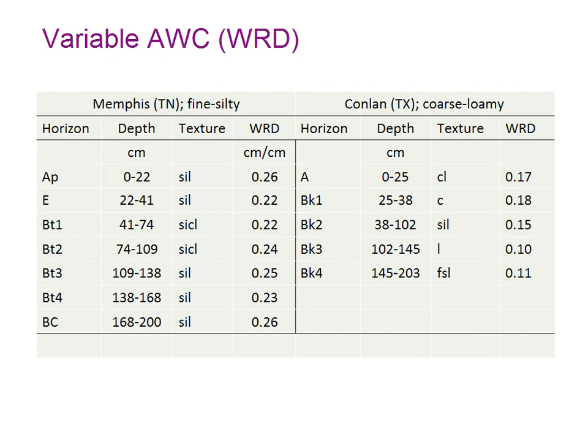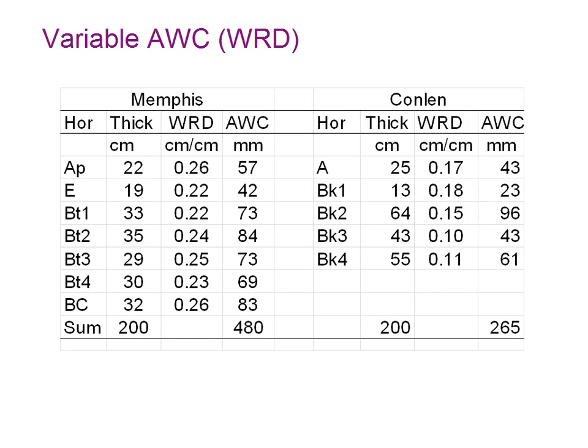Now remember, you can't add centimeter per centimeter values. You have to multiply by thickness. So if you take the horizon thickness times the water retention difference, you come up with the available water holding capacity for the horizon. So for the Ap, it's 22 centimeters thick times the water retention difference.